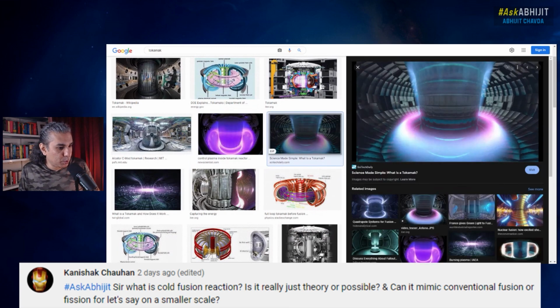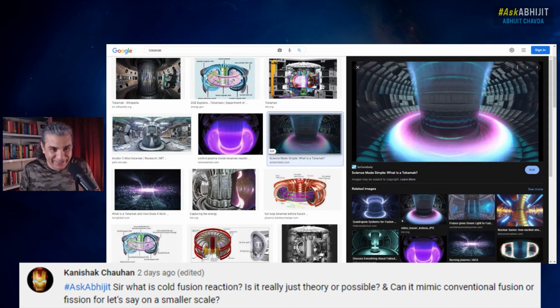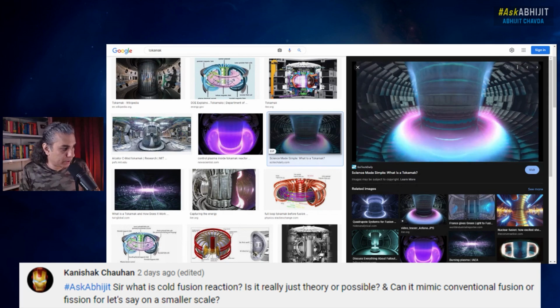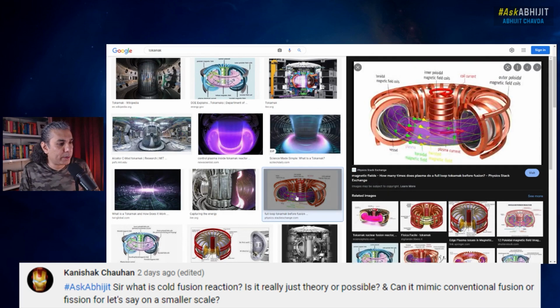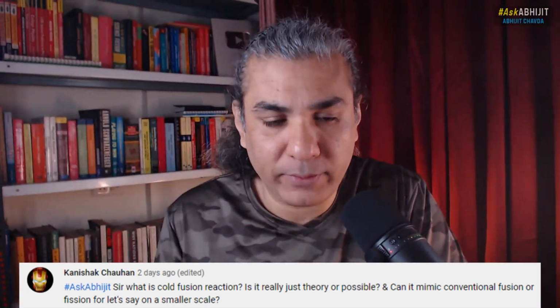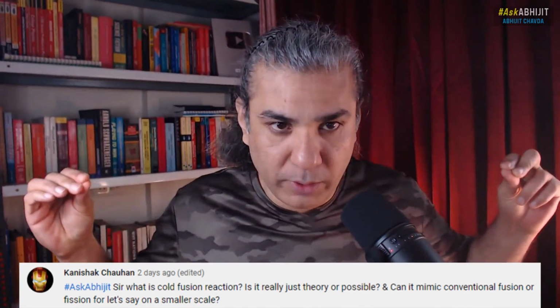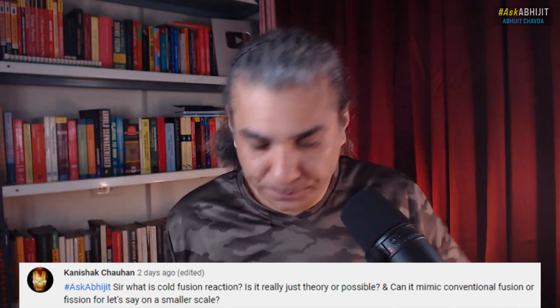All right, so you use magnetic confinement to confine the plasma and ensure that it doesn't leak out of the walls of this machine. And hopefully you can have plasma that is energetic enough to have high velocity, high energy collisions, and you could possibly have fusion reactions through this. So that is the hope that we have, and that would be hot fusion at very high velocities and temperatures.